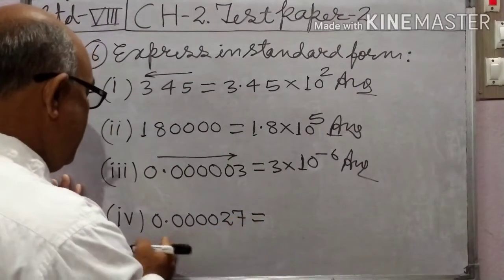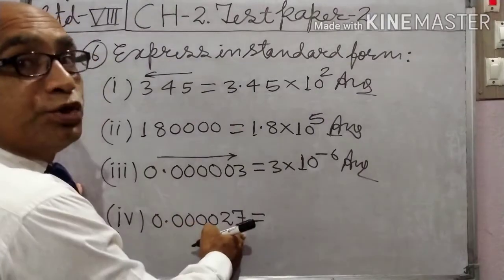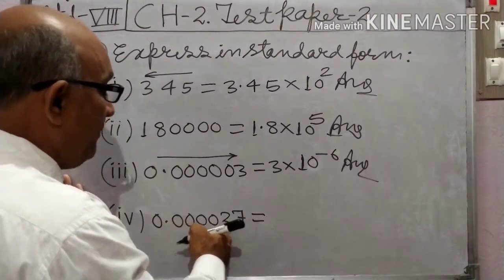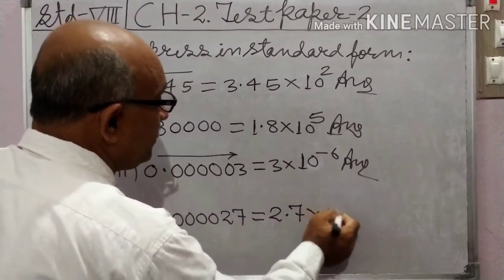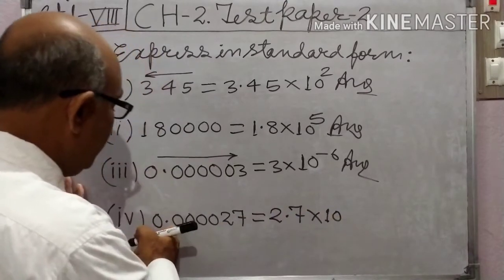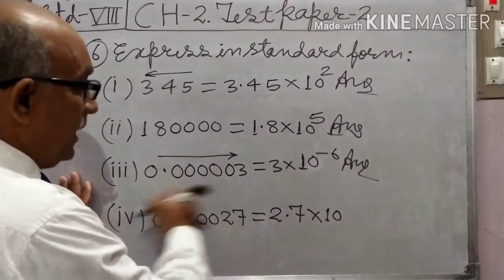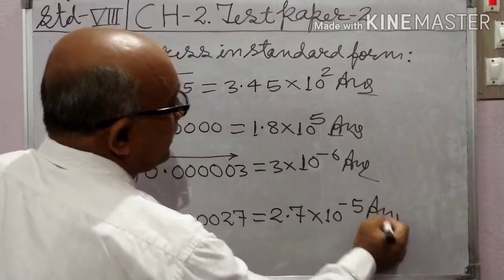Here 0.00027. Here decimal shifted 1, 2, 3, 4, 5 places left to right. So write 2.7 into 10 to the power minus 5, answer.